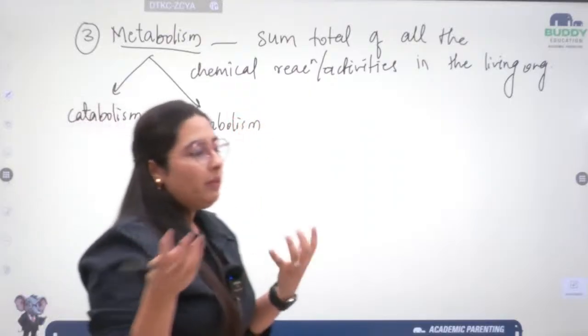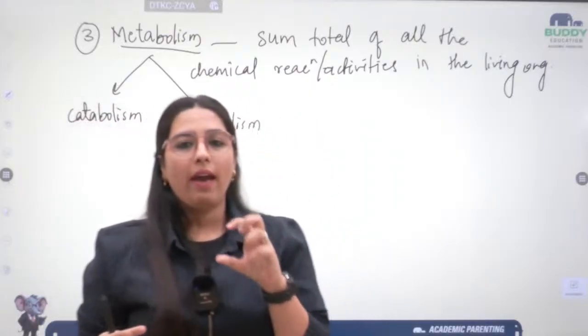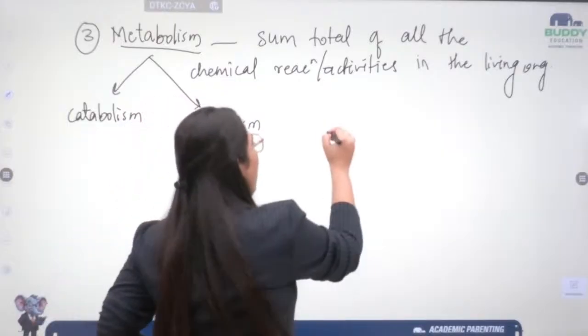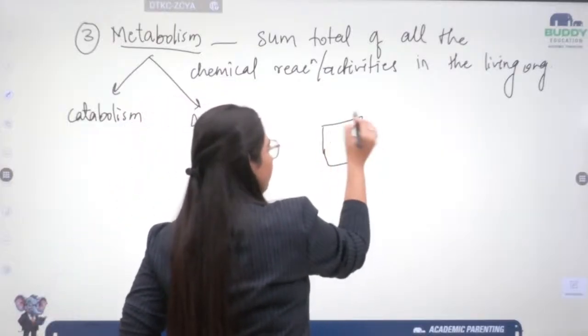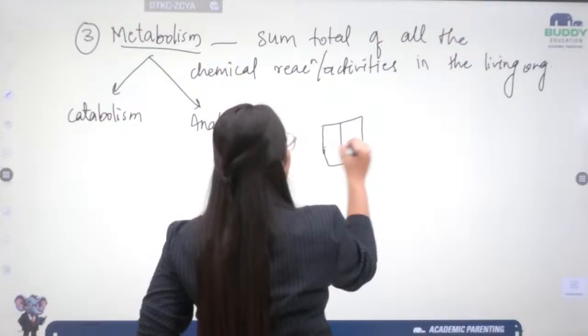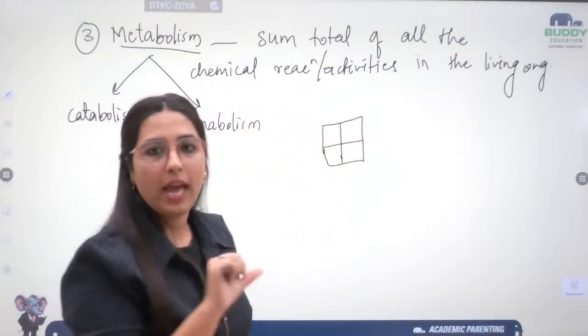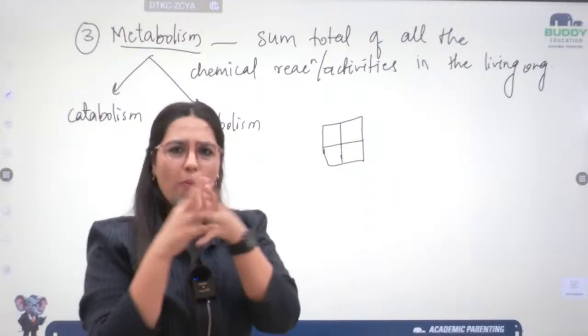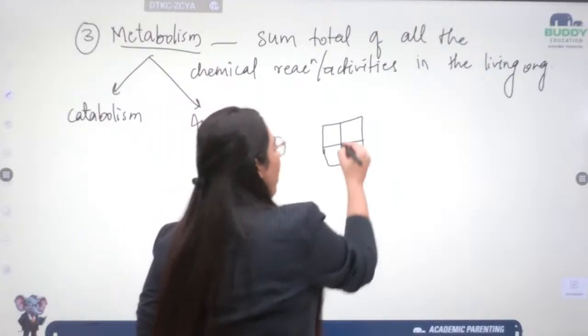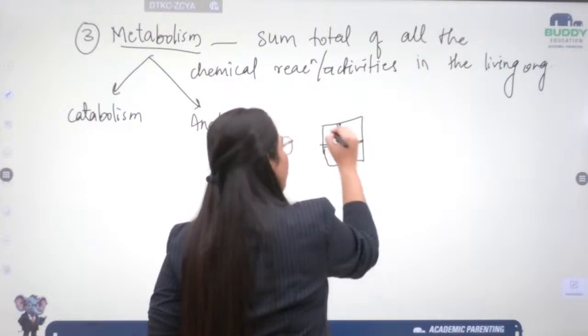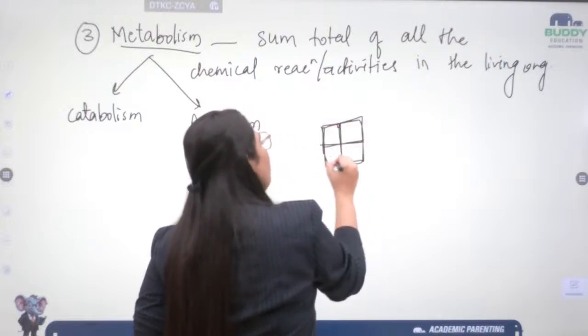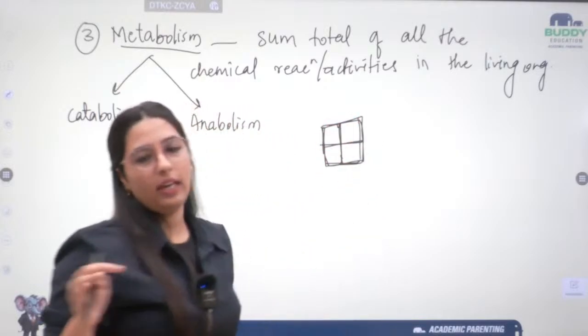Let me explain you in this way. Suppose you have a Rubik's cube. Let's make it in 4 things only. You have a Rubik's cube which consists of 4 cubes and they are all together formed like a compact structure. Now I want to break it down.